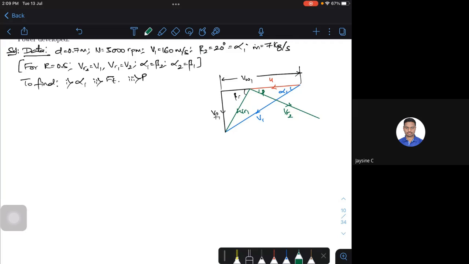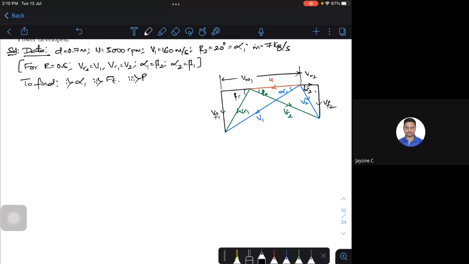Now alpha 1 is equal to beta 2, and I can close it with your v2. This is my v2, and I can complete the triangle. Just close it with vf2, and this is your vw2, this is your alpha 2. So this is a simple triangle.